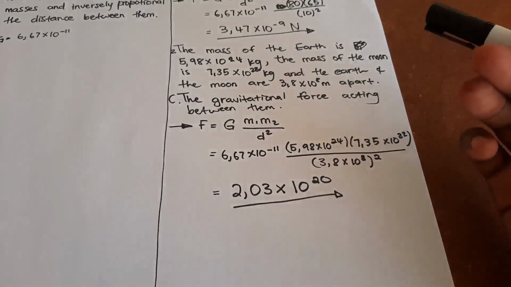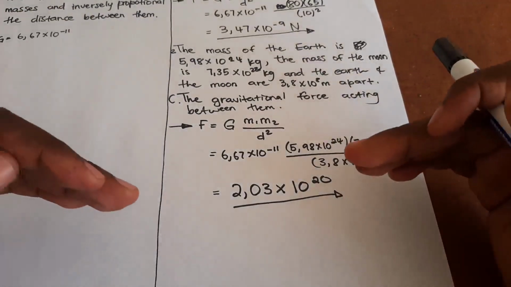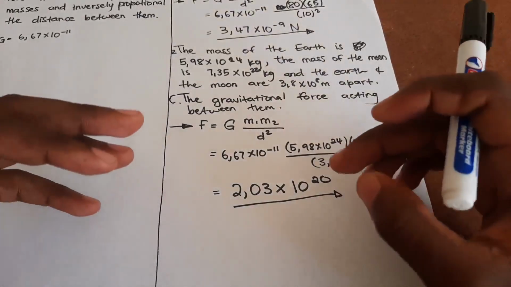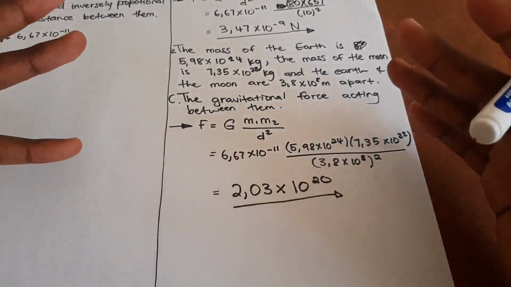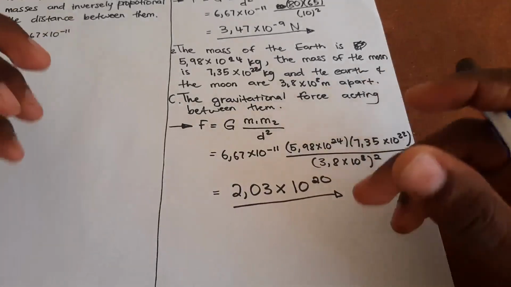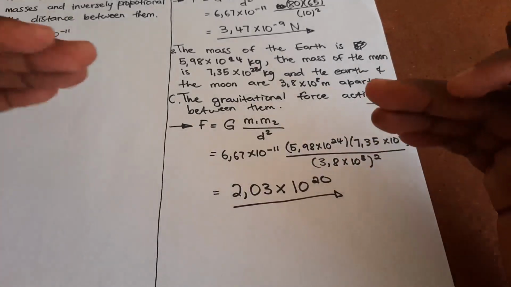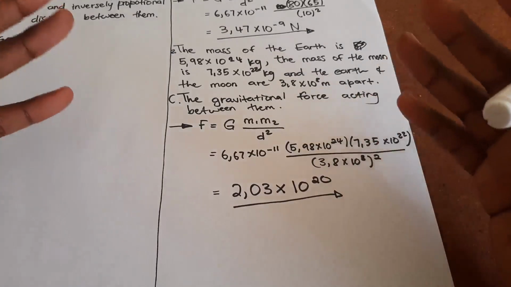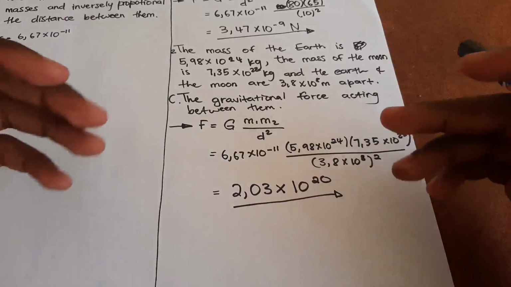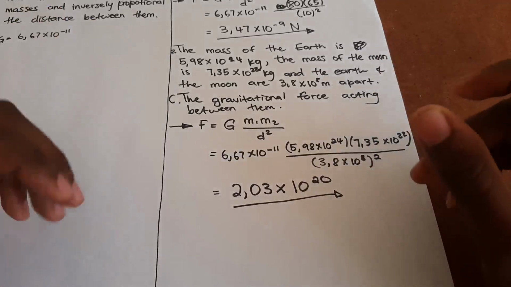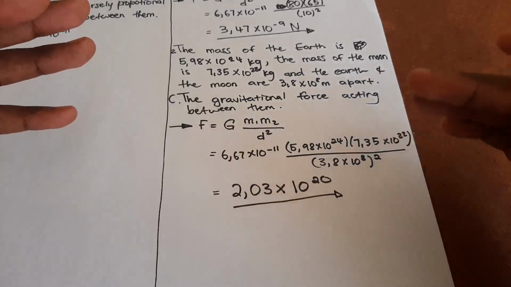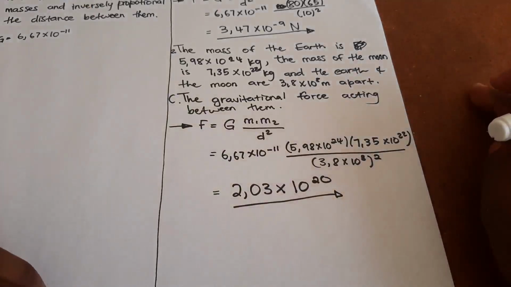The reason is that the objects are bigger, with a very big mass. The earth and the moon have bigger masses, which result in very great gravitational forces between them.